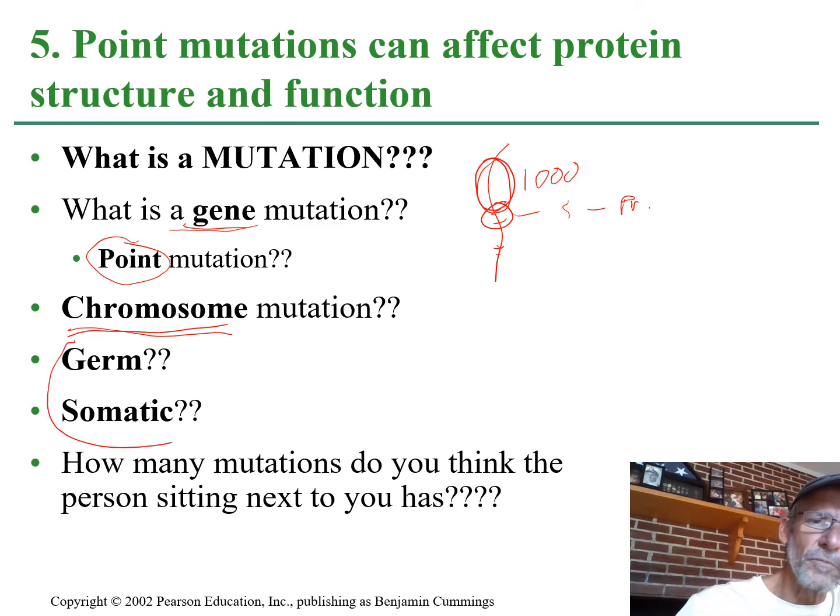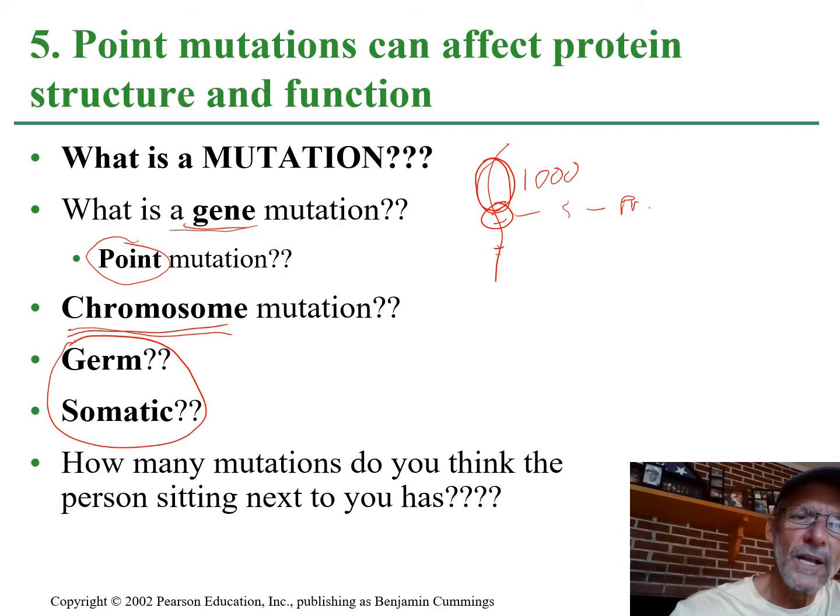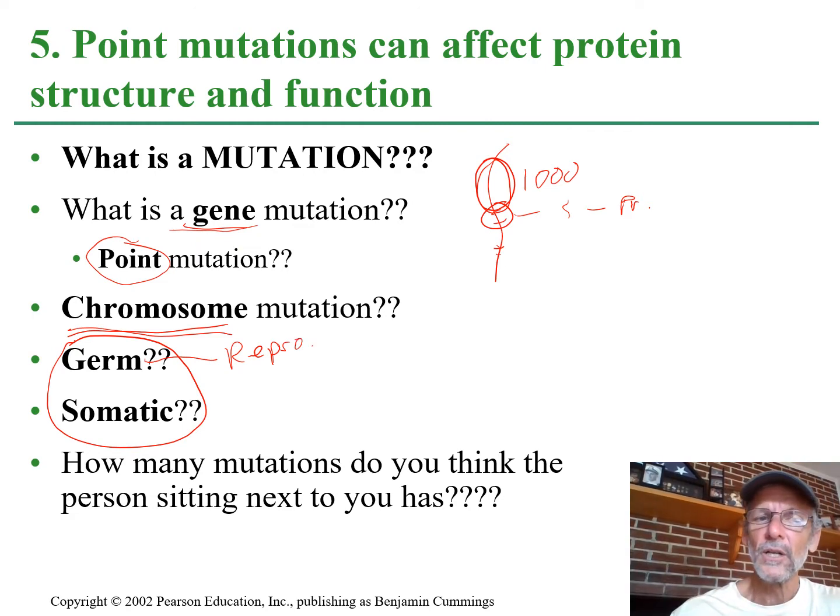Now we have these terms that kind of go back to what we just talked about. You have like two kinds of cells in your body, in one way to look at them. You have cells that are directly involved in reproduction. These are called germ cells, because what the word germ means is to give rise to. When we say a seed germinates, we mean the little baby plant pops out of it. That's what germ means.